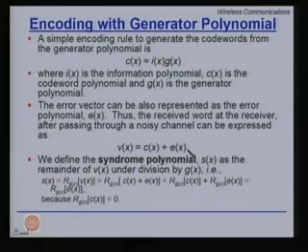Clearly, if E(x) is 0, your V(x) will be equal to C(x), which can be exactly divided by G(x), because C(x) has been created by a multiplication of G(x) with I(x). For any other case, when the error is non-zero, you would get some remainder, and that pertains only to that error pattern, hence the syndrome for that error.